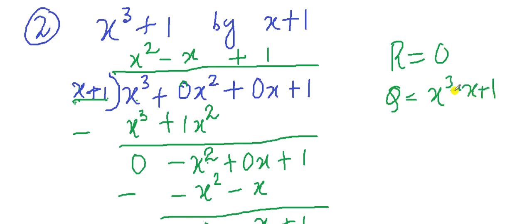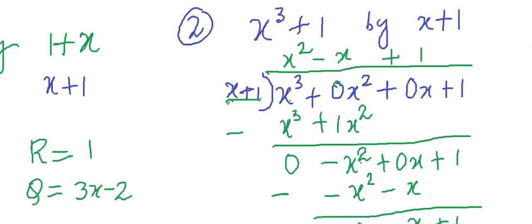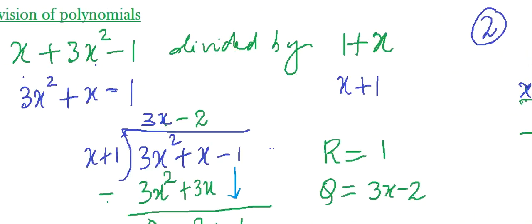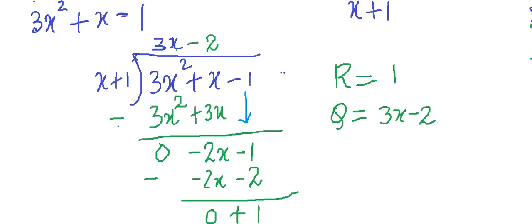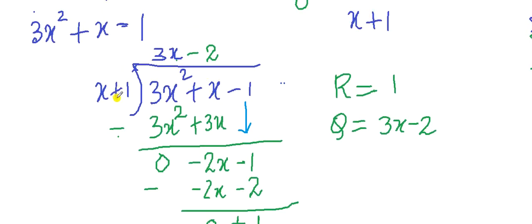If you want to verify your answer, you can multiply x plus 1 with the quotient and you will get your original dividend. And going back to my previous example, since we had not got the remainder 0, we can say that x plus 1 there is not a factor of 3x minus 2.